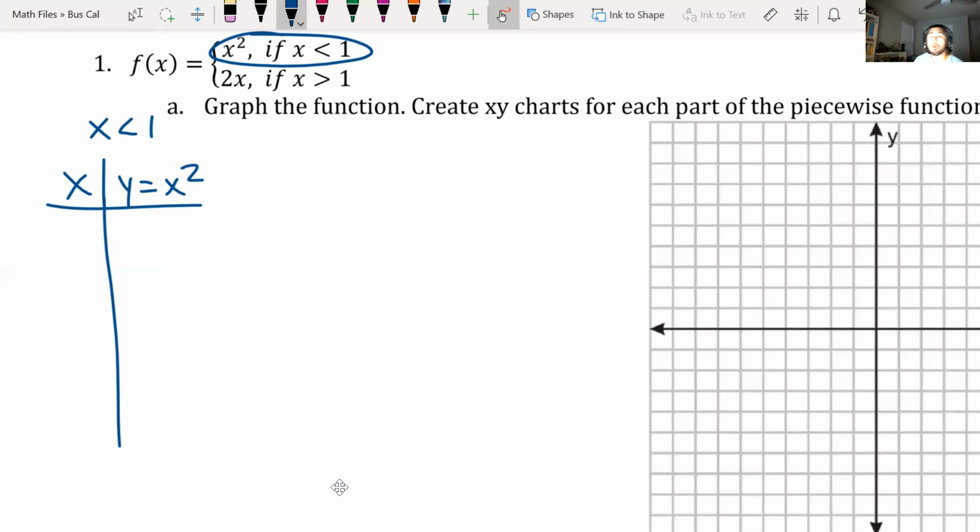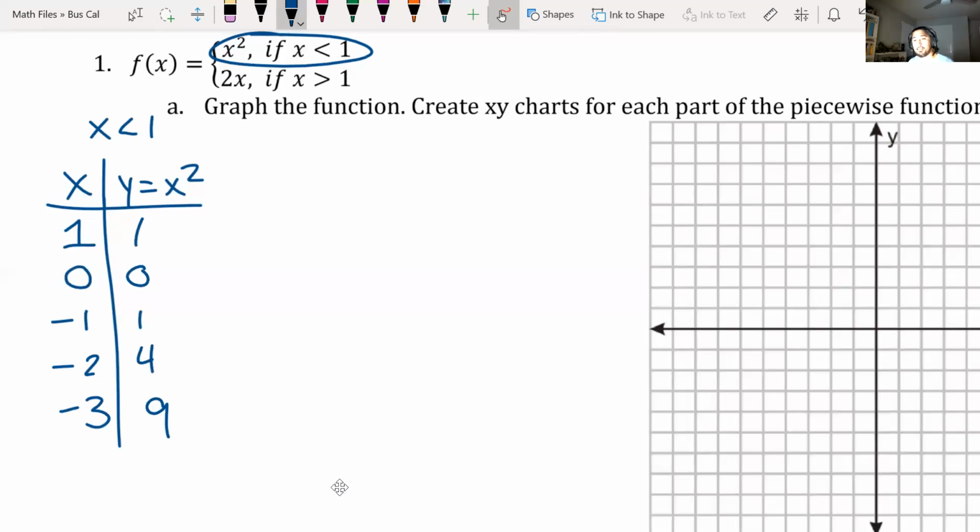Even though it says we have to be less than 1, I'm going to start at 1. And now give me numbers less than 1. 0, -1, -2, -3. That's all that's going to fit on our graph. Now go ahead and plug all these numbers into x squared. You'll get 1, 0, 1, 4, 9.